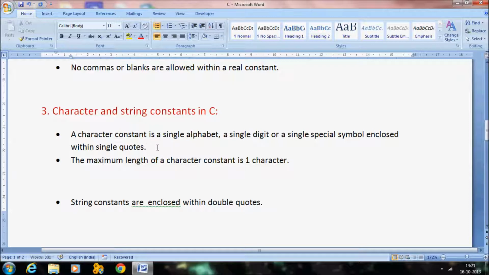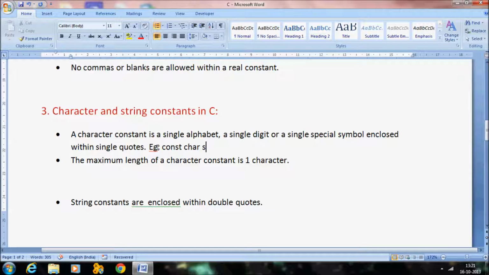So we will declare character constants as const, that is a keyword, the data type will be char, then s, which is a variable name. Is it a character constant?